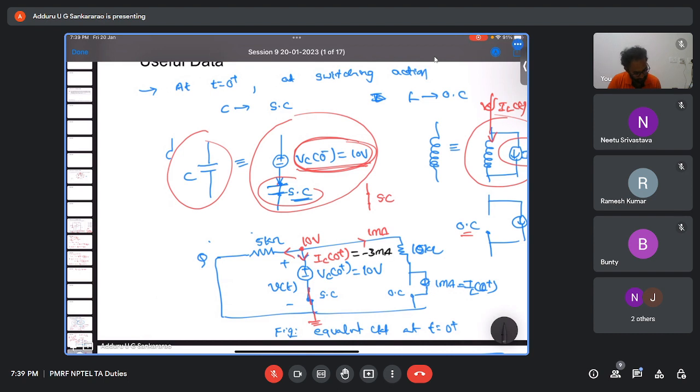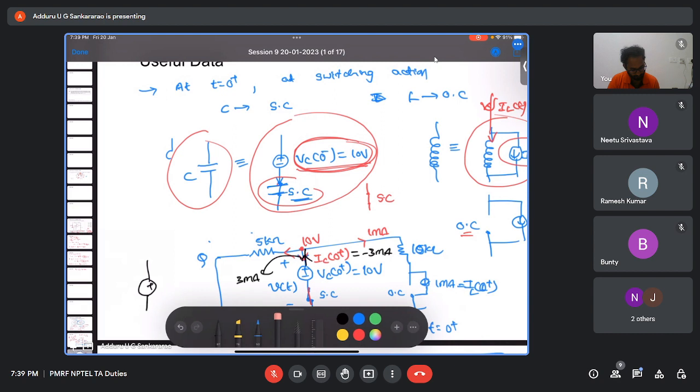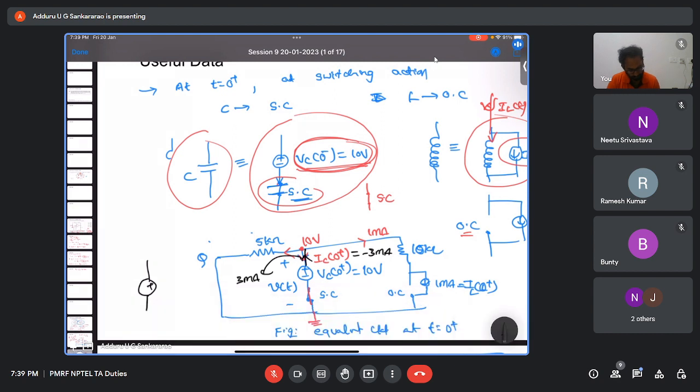That means the actual direction is upward. The actual direction is 3 milliamperes upward. That means here, let us say this is the capacitor voltage. Here it is short circuit, and here you have 10 volts. Current is going like this from plus to minus, coming out of the plus terminal.